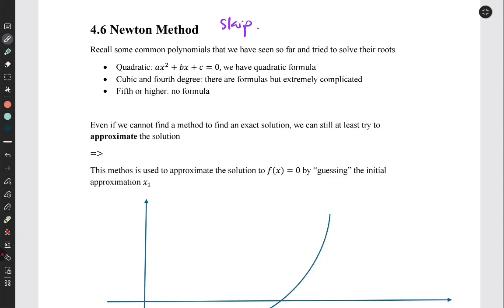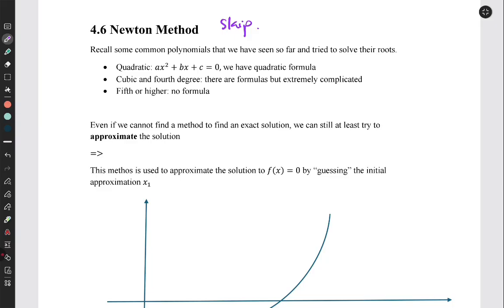So this one: find a solution. Think of the best way to find a solution, starting with a very basic one, quadratic. How do you find the solution of a quadratic? Normally, how do you find the solution for a quadratic? You could factor, or use the quadratic formula. Another way.